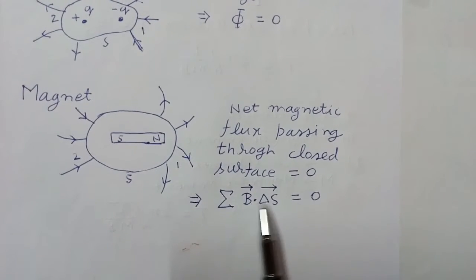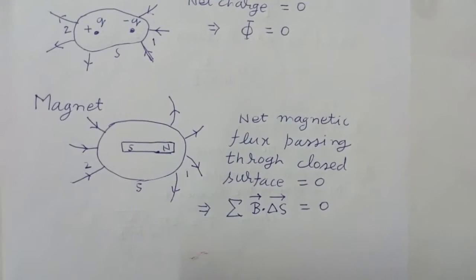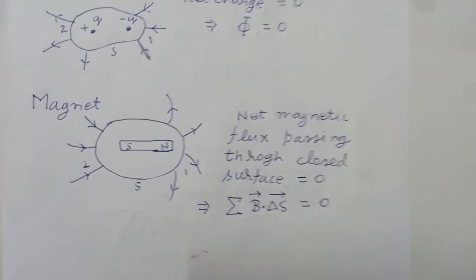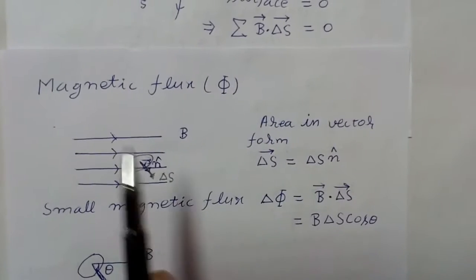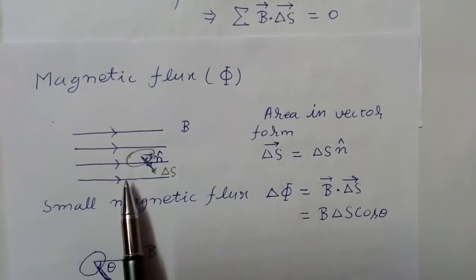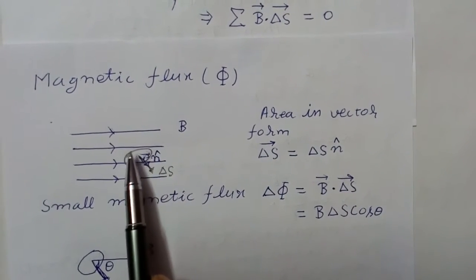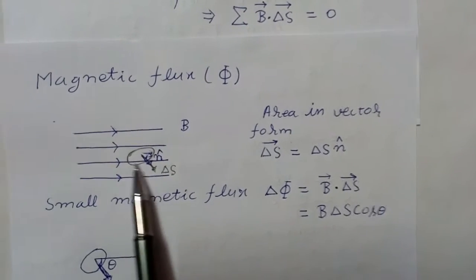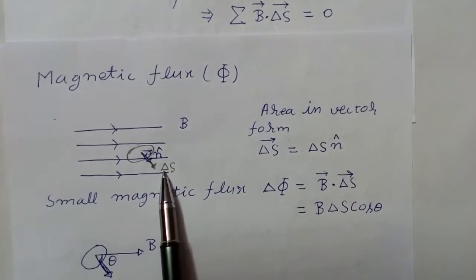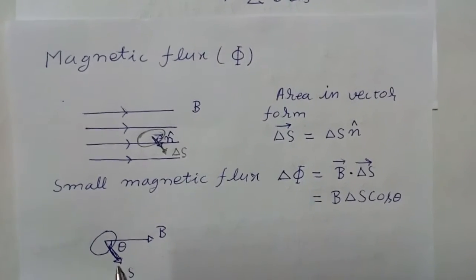Now this B delta S is known as magnetic flux. So let us try to understand what is magnetic flux. Suppose here is a uniform magnetic field B and you hold a small area whose area is delta S. See in this diagram.